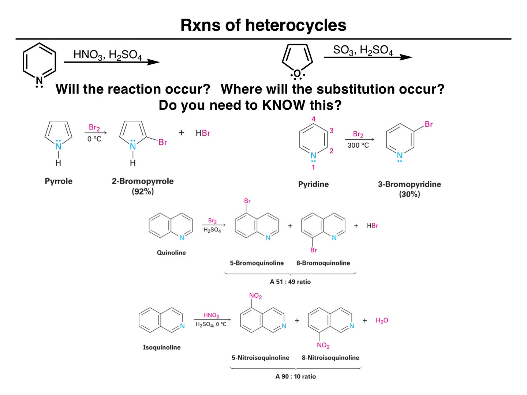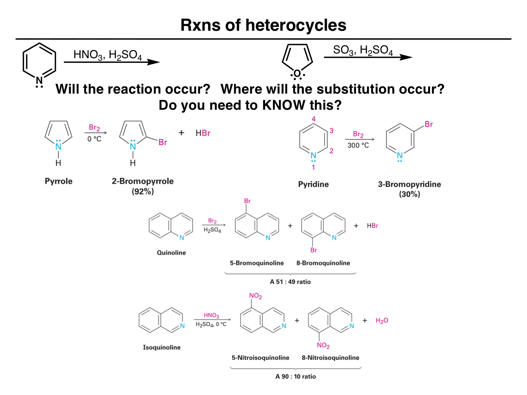So by thinking about it mechanistically, you could predict the location of substitution, and then it could potentially be verified experimentally. So I'm not asking you to memorize this information, but I just want you to recognize that you do have the tools to be able to figure it out.